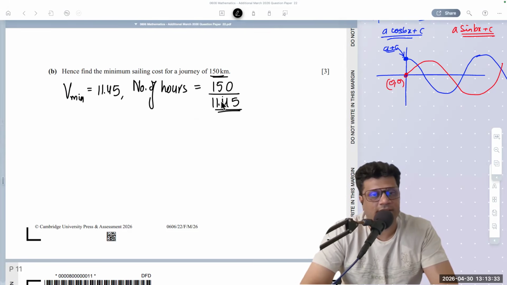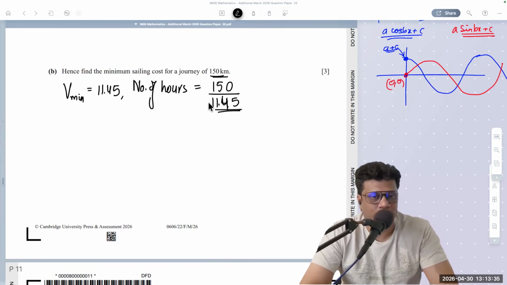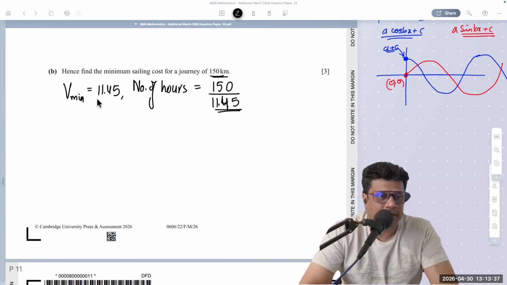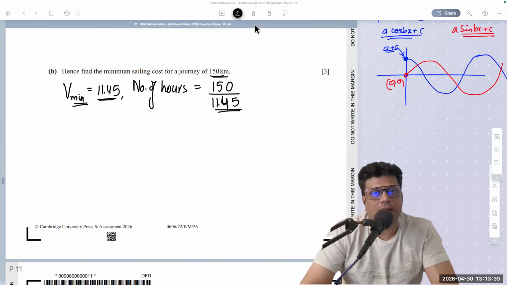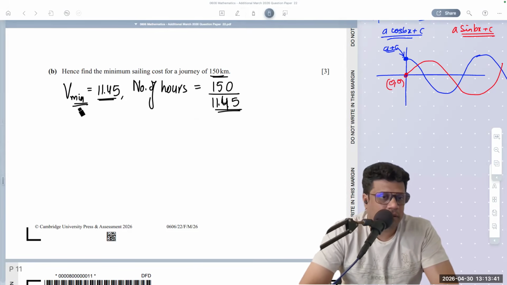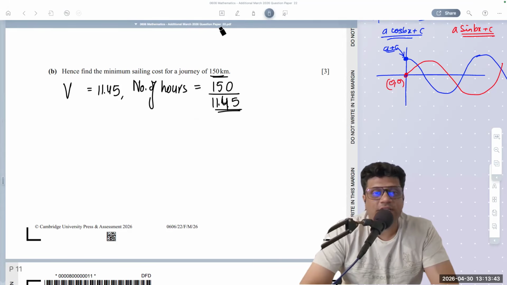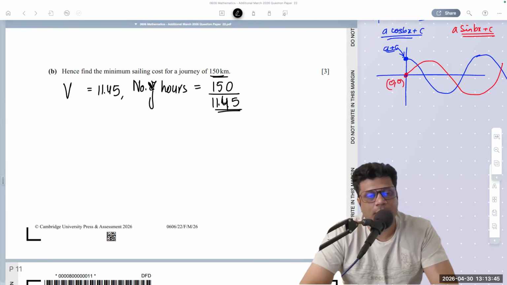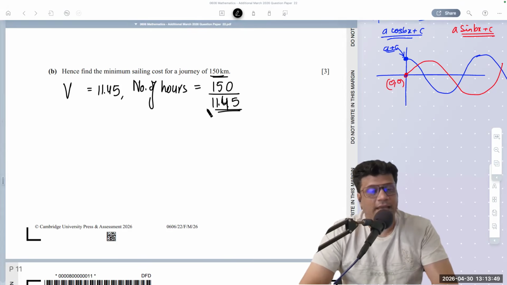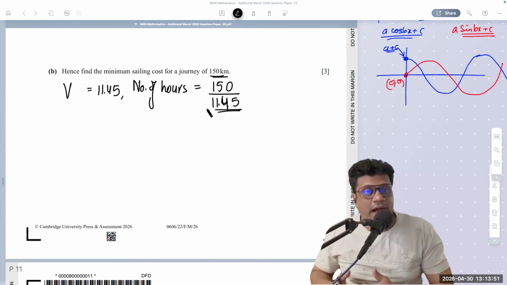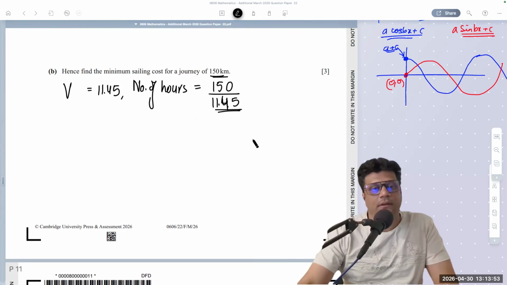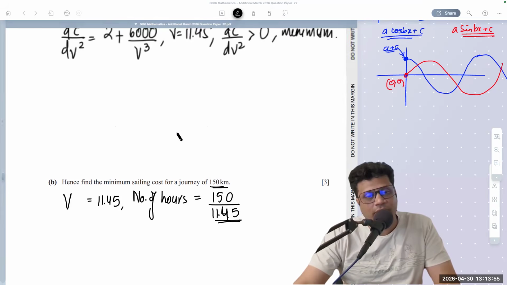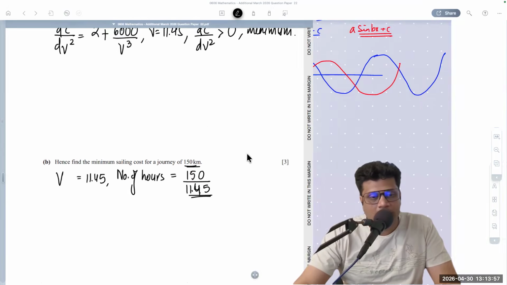That's the number of hours it's going to take you to go through 150 kilometers at the speed which gives you the minimum cost. 150 divided by 11.45. That's the time you want for the cost to be minimum. 11.45. Okay.